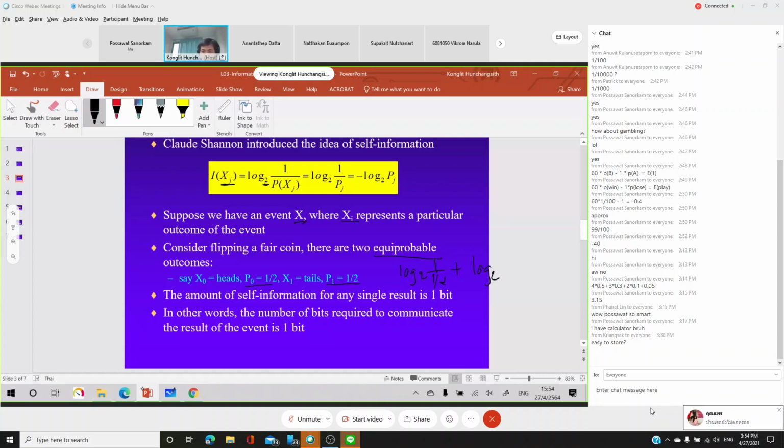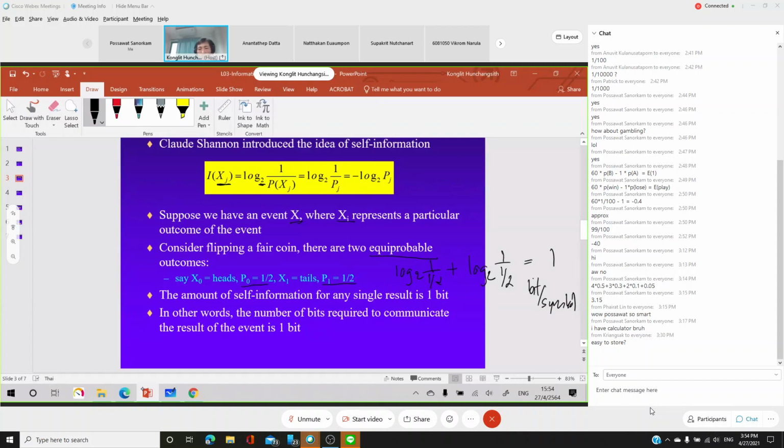And we're going to have 1 bit if you calculate. So for a coin with probability 1/2, when we calculate the information for the source, we're going to have 1 bit per symbol on average.